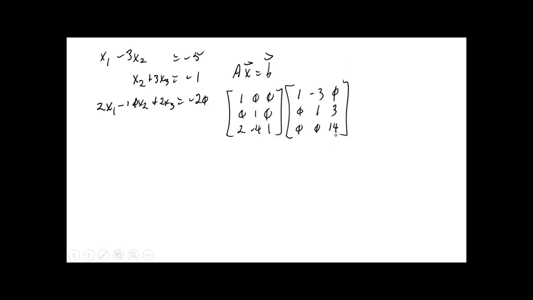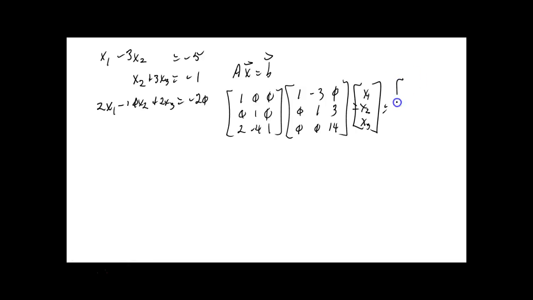And that's equal to, or times x, is equal to b: negative 5, negative 1, negative 20, if I copied it right. Yes. Okay.